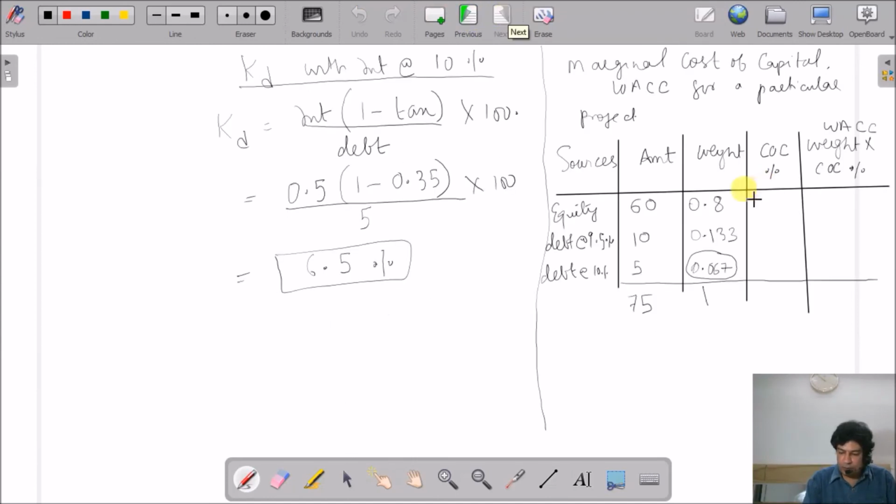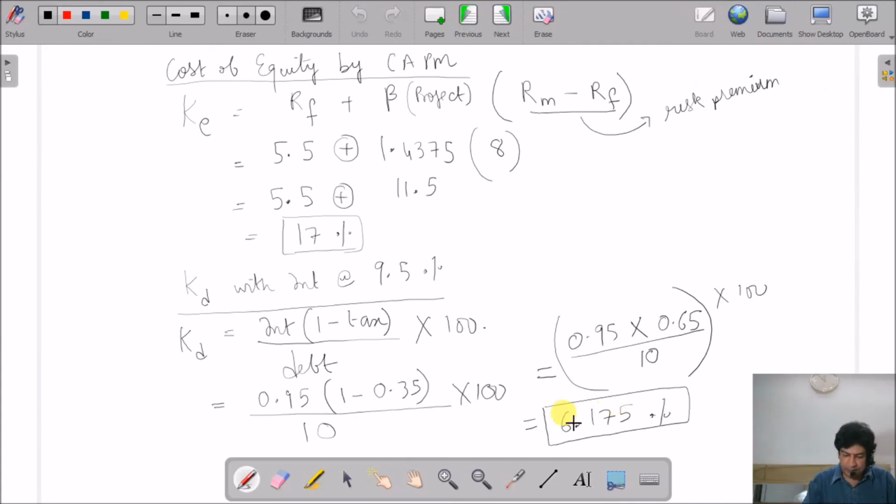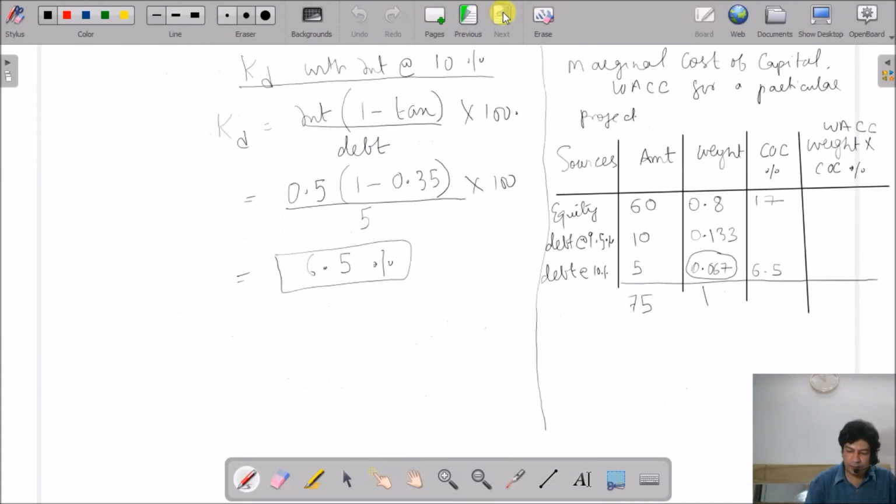Then the 10% debt is 6.5, and this 9.5% debt is 6.175. So I will be multiplying these.